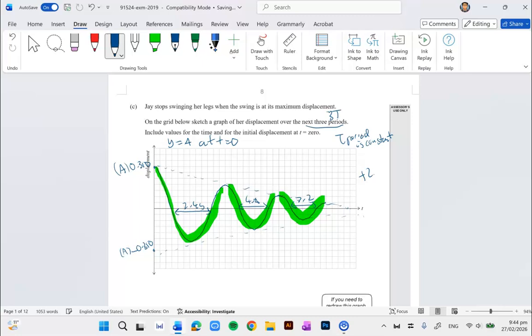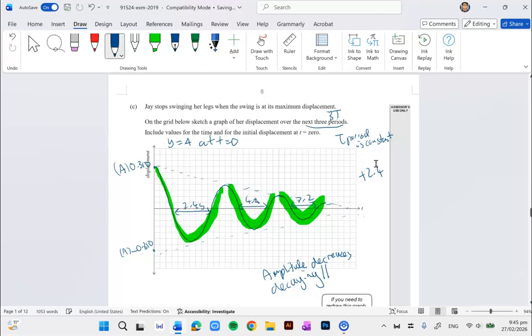Now you will also notice that the amplitude gradually decreases, and that's because she is losing energy as time goes on. So it's still oscillating, but the amplitude decreases. Decaying, as we call it. Right, that's all you need.